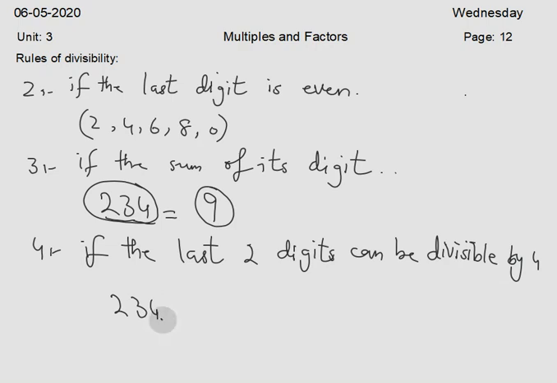The last 2 digits are 3 and 4, but 34 does not come in the table of 4, like 4 eights are 32 and 4 nines are 36. So 34 is not divisible by 4, so this number cannot be divisible by 4. If the number is 340, here the last 2 digits are 40. So 40 is divisible by 4. So this whole number can be divisible by 4.